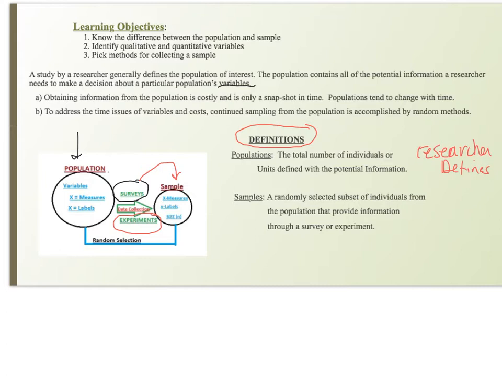And then samples are a randomly selected subset of individuals from the population that provide information through a survey or an experiment. So we actually use the samples in our studies. The population is just the beginning point in collecting the information, but it's the samples where we're going to be focusing our efforts to make decisions about the population.